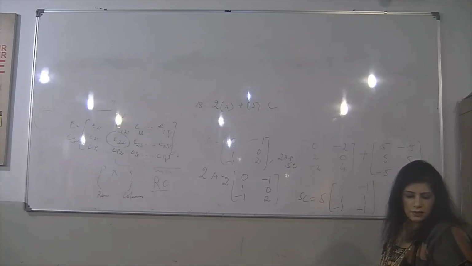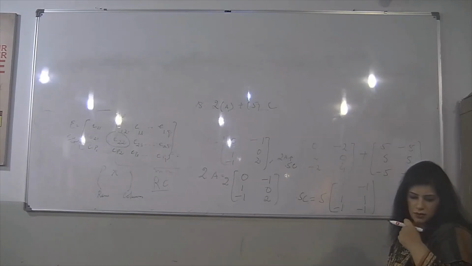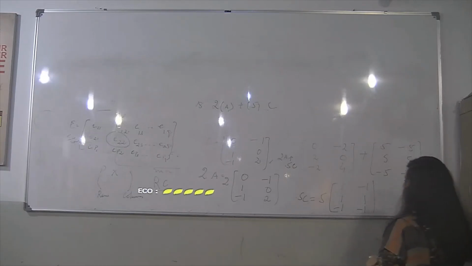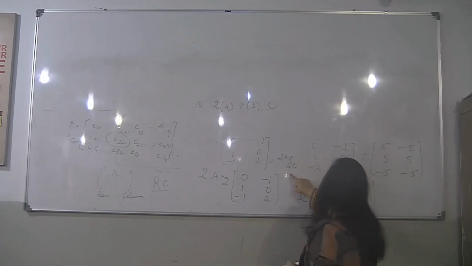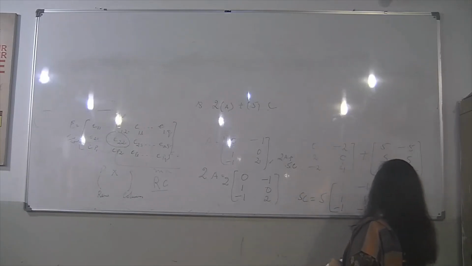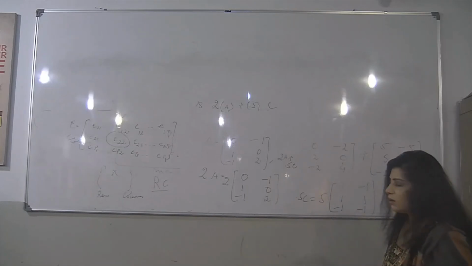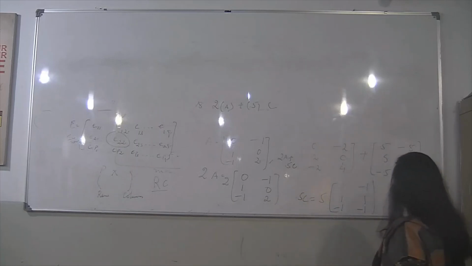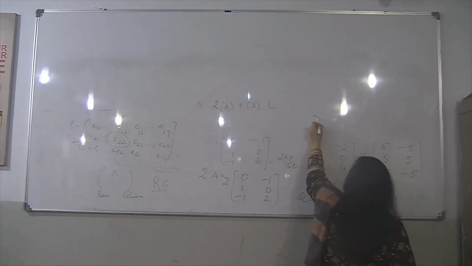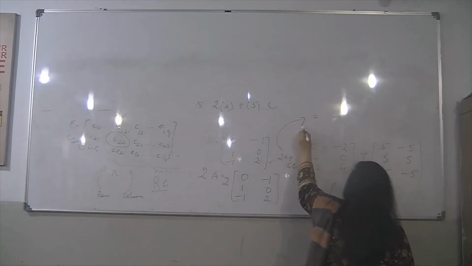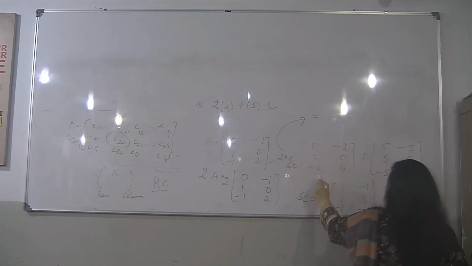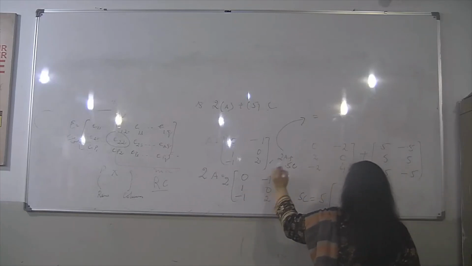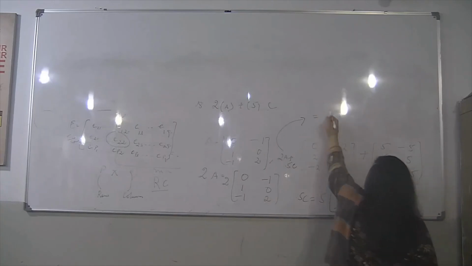Now, they've asked us in question 18 to find out 2A plus 0.5C. So I have to add 2A and 0.5C. 2A was actually 2 into 0, so this is 0 plus 0.5, which would be 0.5.